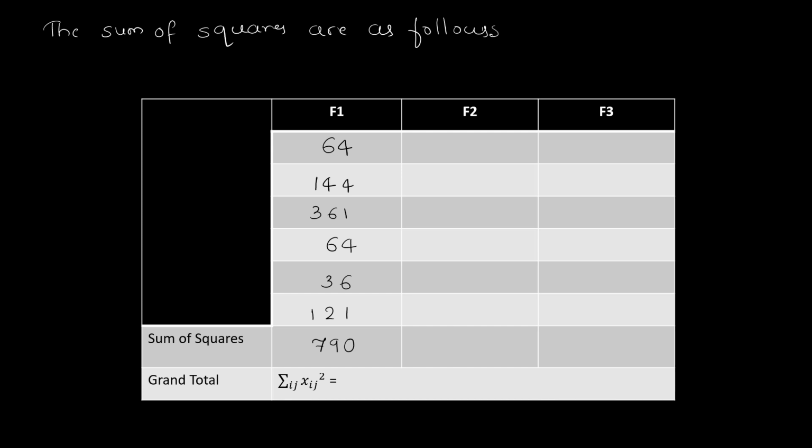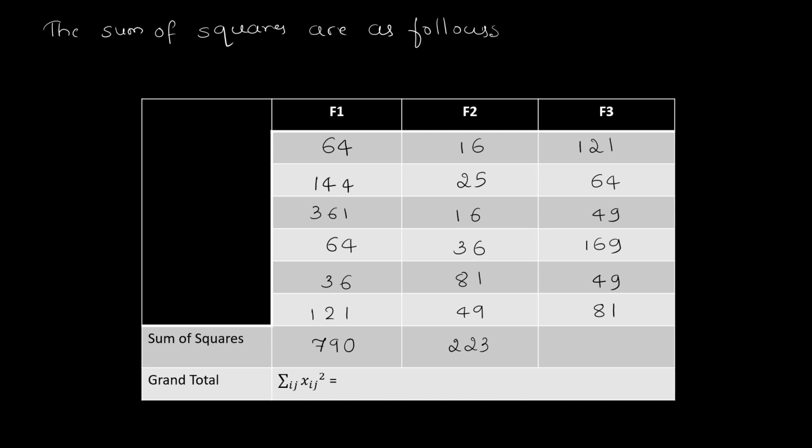Similarly, F2 squares. The F2 values we had: 4, so 16; 5 square is 25; 4 square is 16; 6 square is 36; 9 square is 81; 7 square is 49. When you add them, you will get 223. Next, F3 column: 11 is 121, 8 is 64, 7 is 49, 13 is 169, 7 is 49, and 9 is 81.